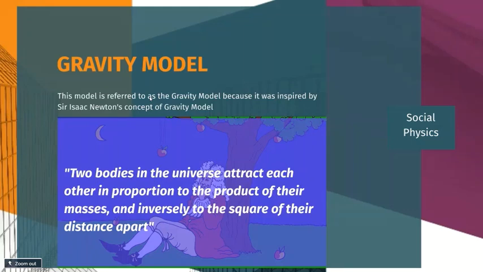The gravity model states that two bodies in the universe attract each other in proportion to the product of their masses and inversely to the square of the distance apart. That means all bodies in the universe, by this I'm referring to every matter, be it a human being, the earth, trees, every matter exerts some gravitational force.